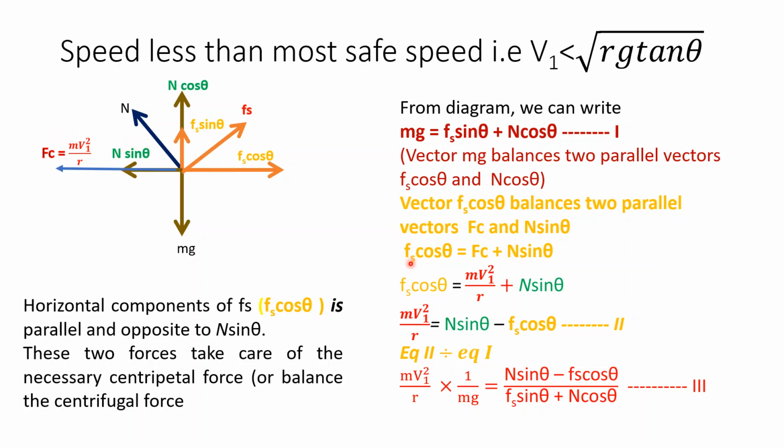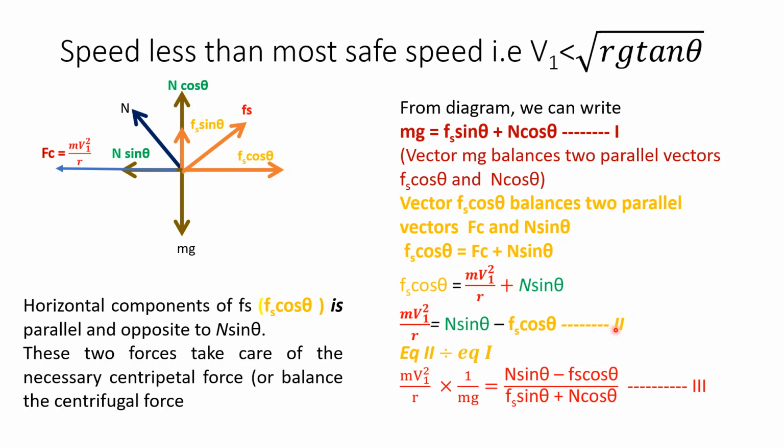So we can write Fs cos theta equals Fc plus N sin theta. Substitute the value of Fc, that is m v1 square upon r, and rearrange this equation. We can write m v1 square upon r equals N sin theta minus Fs cos theta, which is equation 2.